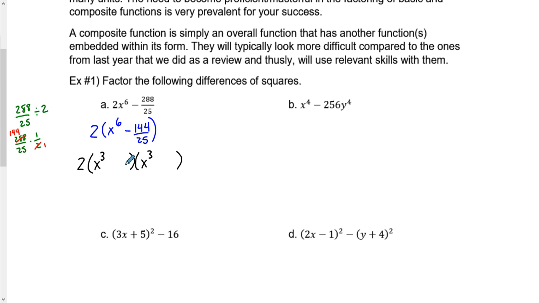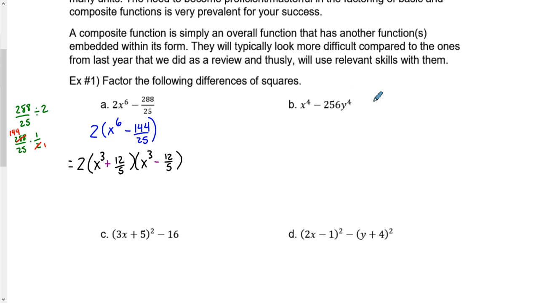And the square root of 144 over 25 is 12/5. Make one positive and one negative. And since we can't take the square root of x cubed or 12/5 nicely, we're done. This is our final answer.